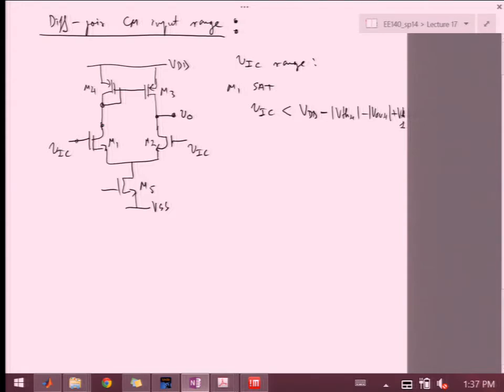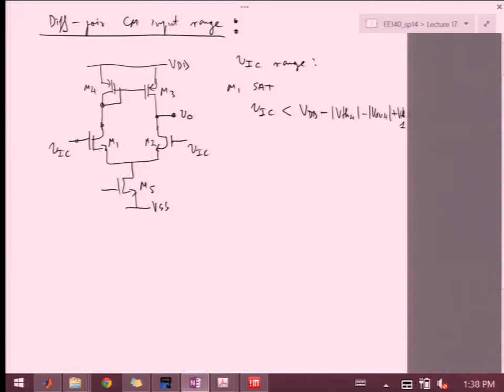So we go down by a threshold and an overdrive because this guy's diode connected, and then we go up by the threshold of this transistor. That's as high as VIC can go. If it goes slightly higher, the gate will be higher than this voltage here by more than a V threshold, and M1 will fall out of saturation. Okay?